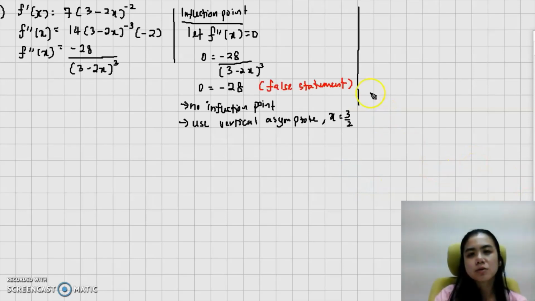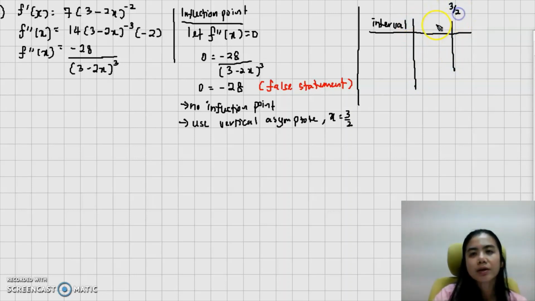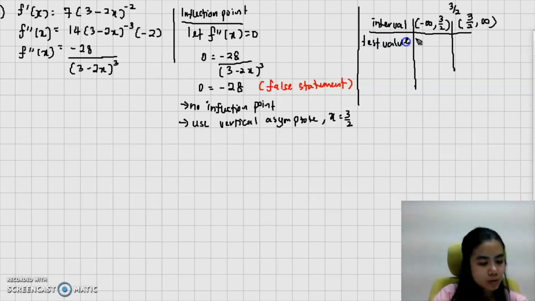Let's build the table. We have the same number, 3/2, here. So you have negative infinity until 3/2, excluding 3/2, and 3/2 to infinity, and we put the same test values, 0 and 2.